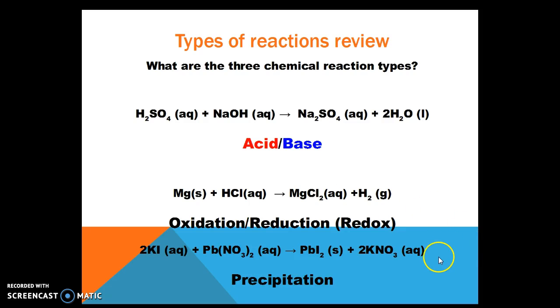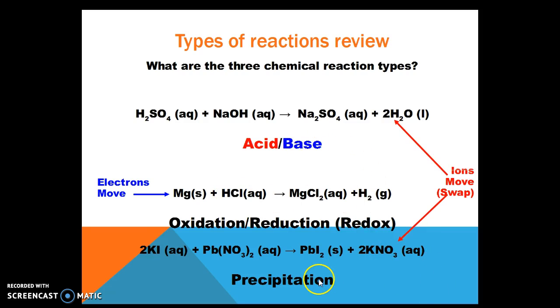And precipitation is given by an example of the reaction between potassium iodide solution and lead nitrate to form lead iodide precipitate. In the magnesium hydrochloric acid and other redox reactions, it's electrons that are moving, in this case from the magnesium to the hydrogen ions.